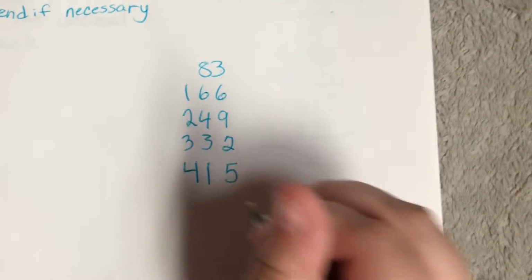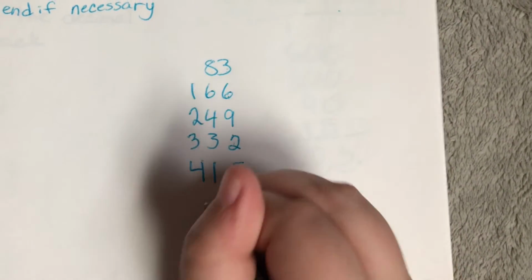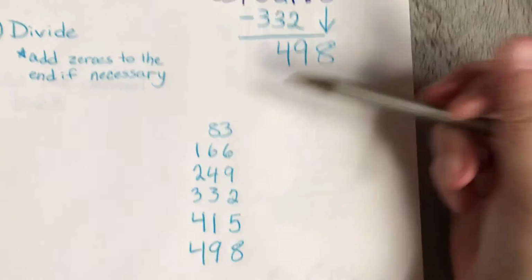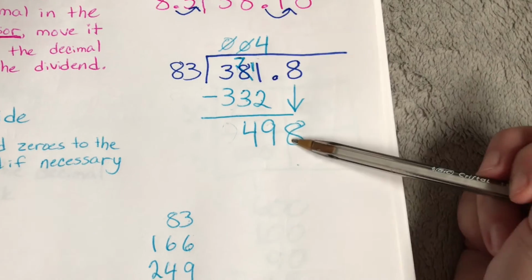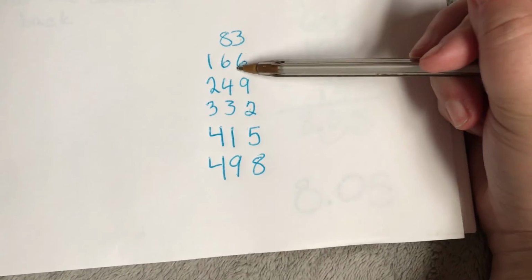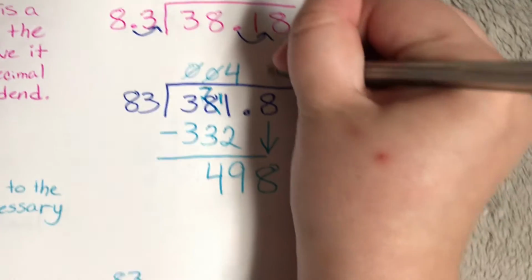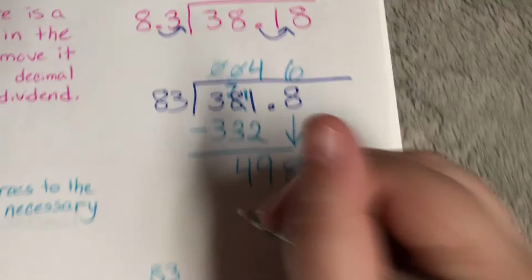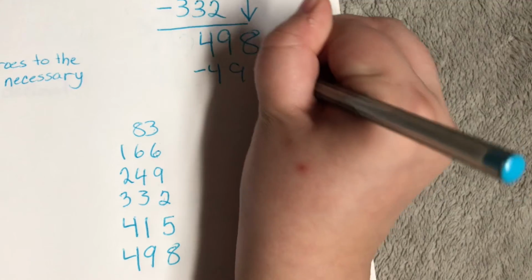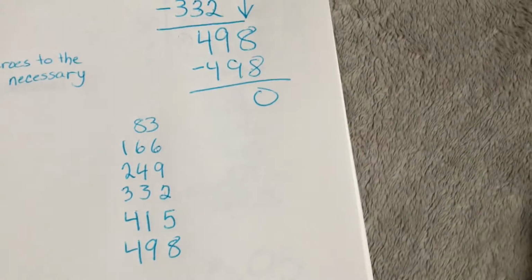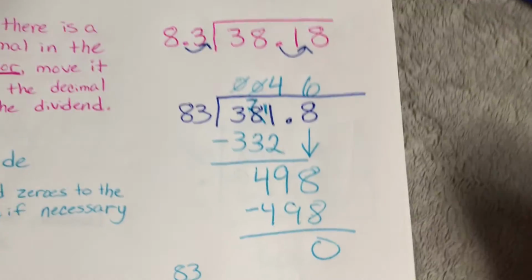So 3, that becomes an 8, 9, 498. So 83 can go into 498, 1, 2, 3, 4, 5, 6 times. So above my 8, I'm going to write my 6. Minus 498 gives me a 0. So I know I can stop.